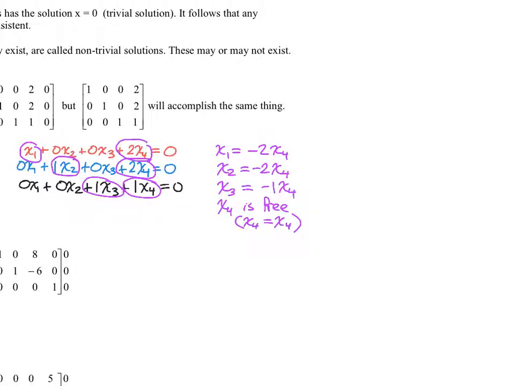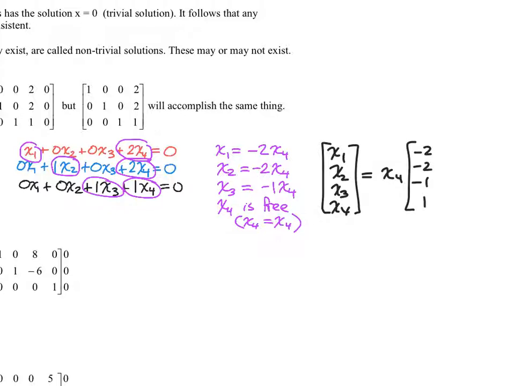One way would be to say that x sub 1, 2, 3, 4 in vector form would be equal to x4 multiplied by -2, -2, -1, and 1.